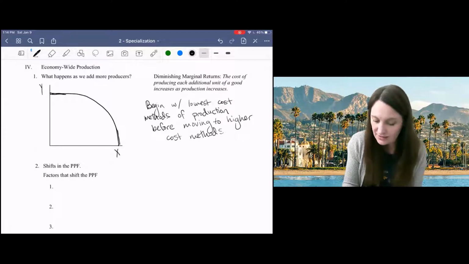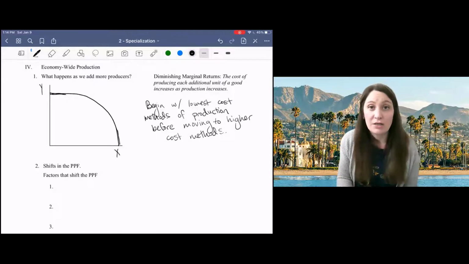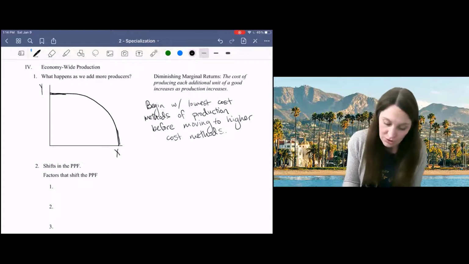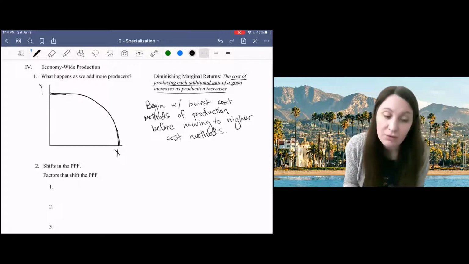And the consequence of that is that we would expect production to always exhibit diminishing marginal returns. In other words, the cost of production should be increasing the more we produce. The cost of production increases with production.